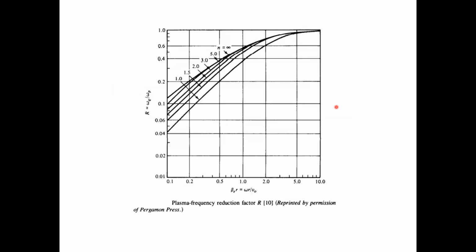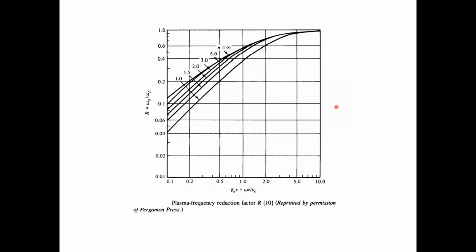So here I am showing an observation graph for the multi-cavity klystron. The plasma frequency reduction factor, capital R, indicates how well our multi-cavity klystron is able to catch the velocity modulation process. If beta increases, we similarly have an increment in the plasma frequency reduction factor. For a given n, what is n? n is the number of cavities participating in the beam.